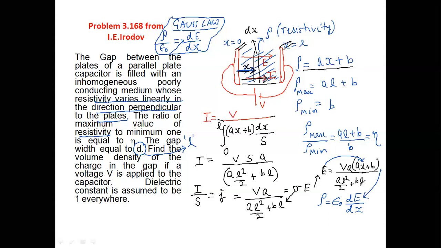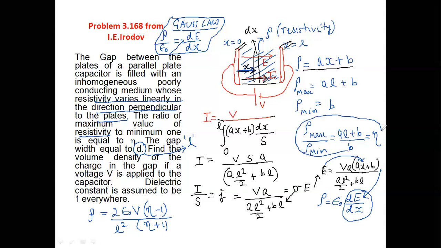You differentiate from this expression, put the value of dE by dx, and believe me, you will get the answer. And this final answer will be rho equals 2 times epsilon times capital V times (eta minus 1) over L square, which is the same as D square into (eta plus 1).